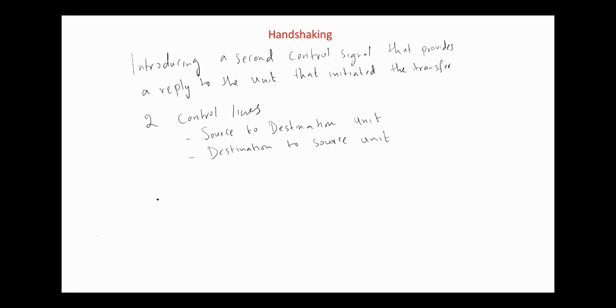The two handshaking lines are data valid, which is generated by the source unit, and data accepted, which is generated by the destination unit. So handshaking may be source initiated and destination initiated.